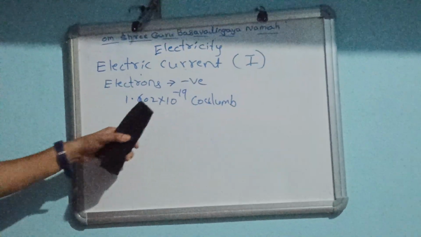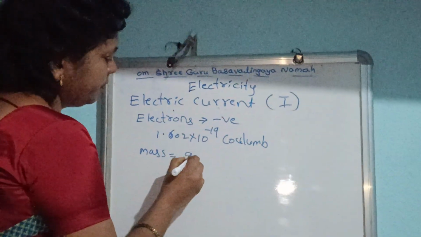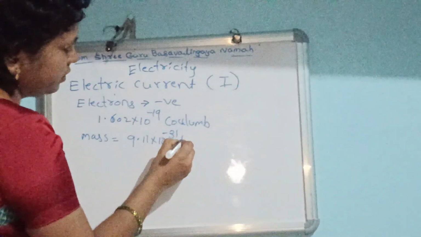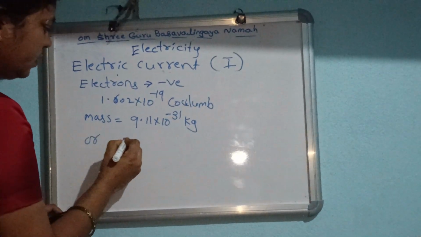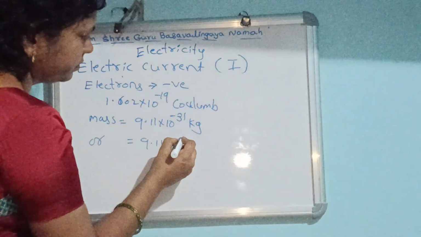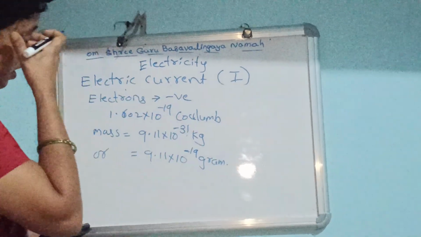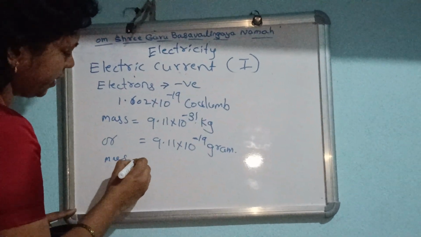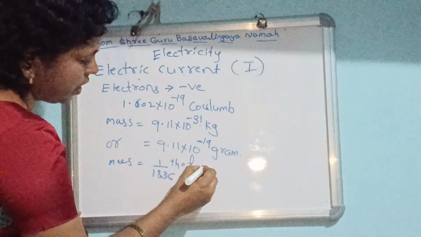Coulomb is the SI unit of charge. The mass of an electron is equal to 9.11 into 10 to the power minus 31 kg, or 9.11 into 10 to the power minus 28 gram. The mass of an electron is equal to 1/1836 of the mass of a proton.